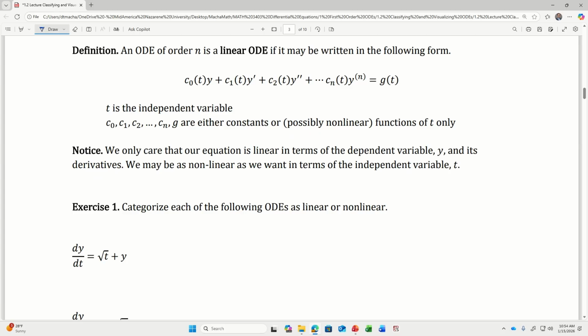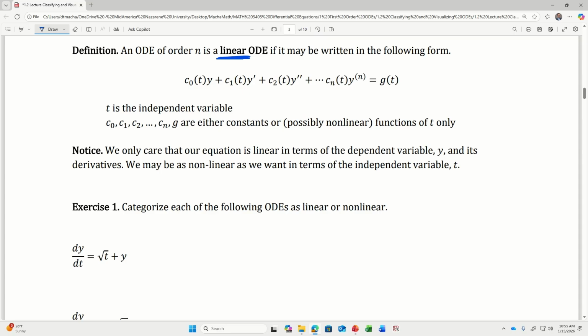The next word is linear. And this is a really hard one to grasp, I think. We say that an ODE is linear if it's linear in the dependent variable and the derivatives of the dependent variable.